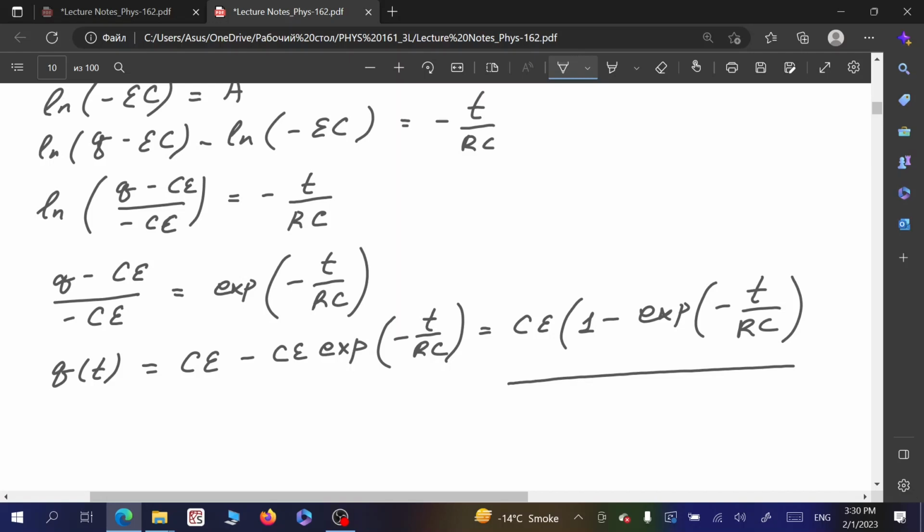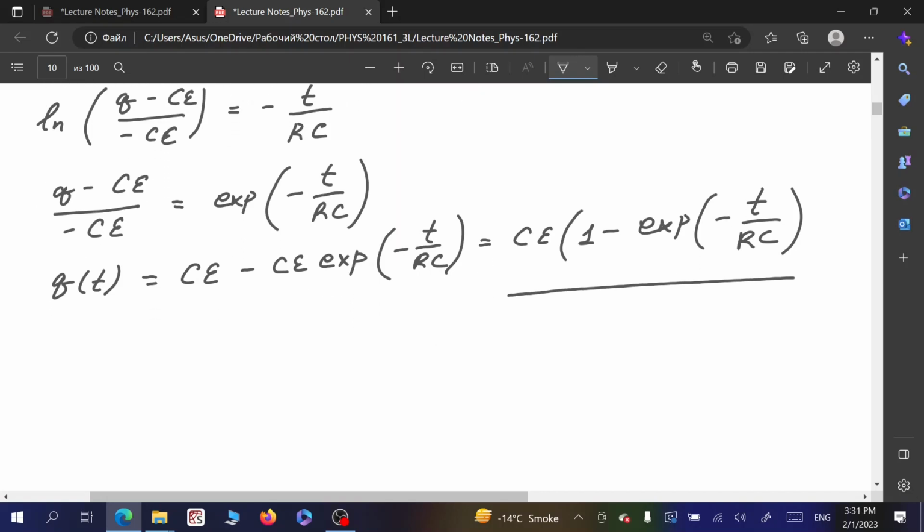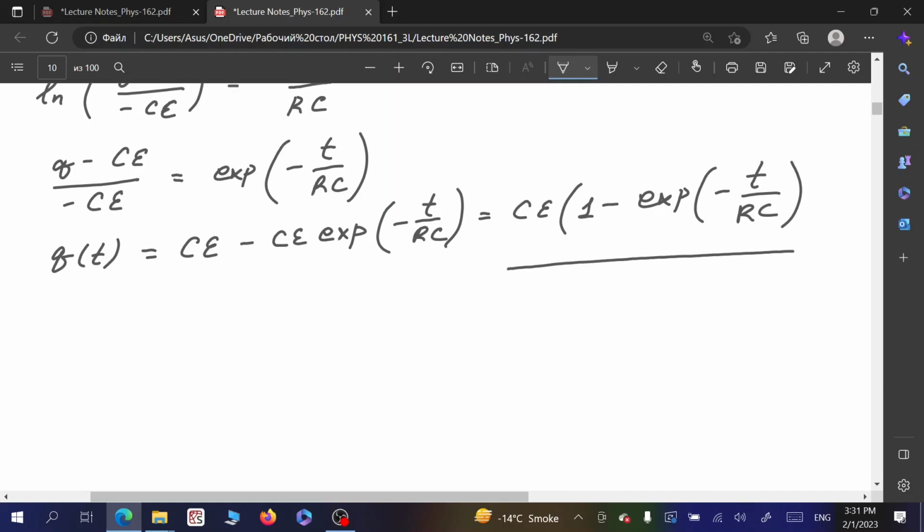And now, our goal was to get the expression for electric current as a function of time. So any suggestions how we do that? We take the first derivative of this function over time. So electric current as a function of time is equal to dq over dt.